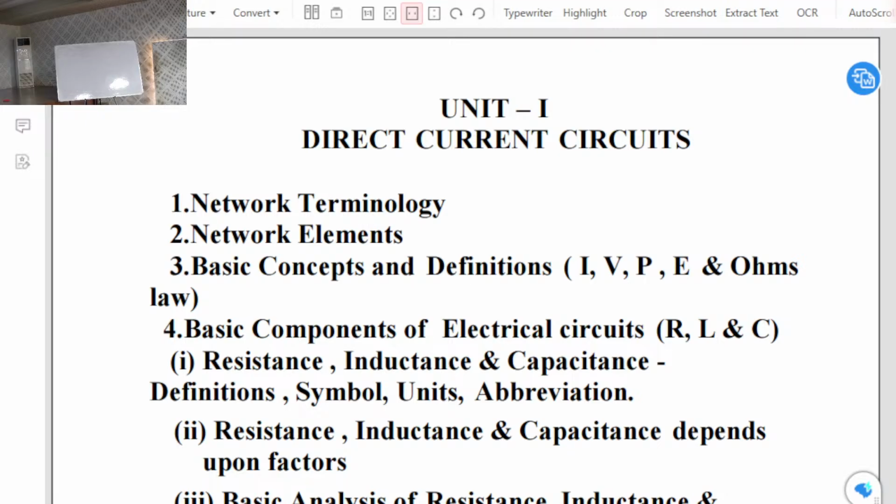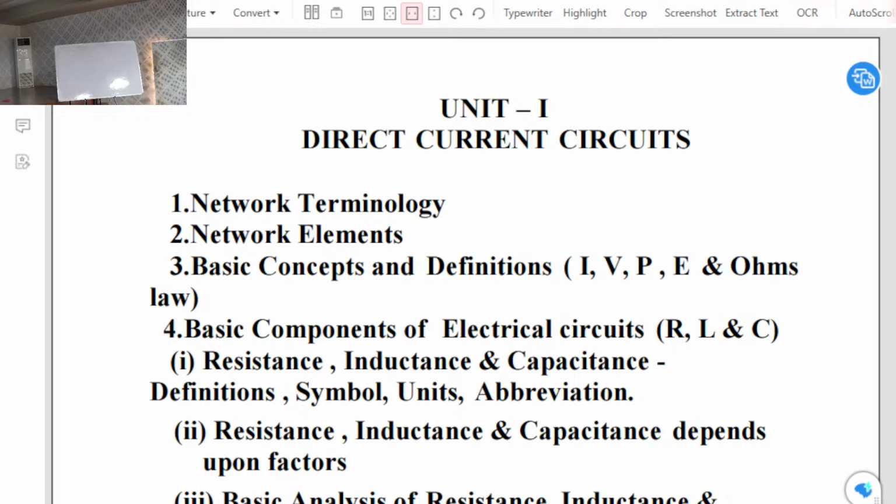I want to study resistance, inductance, capacitance completely, so I want to complete the total knowledge.